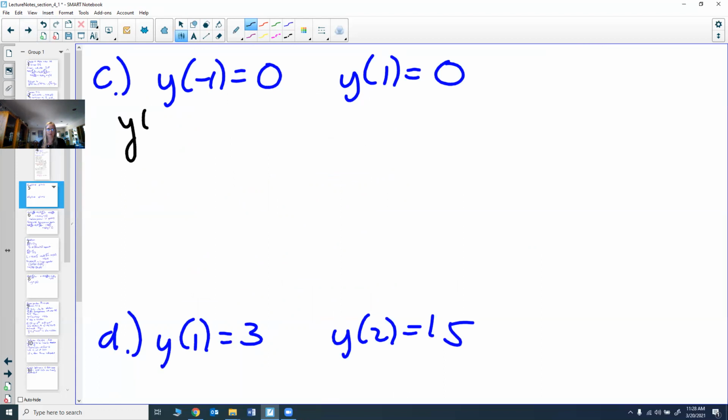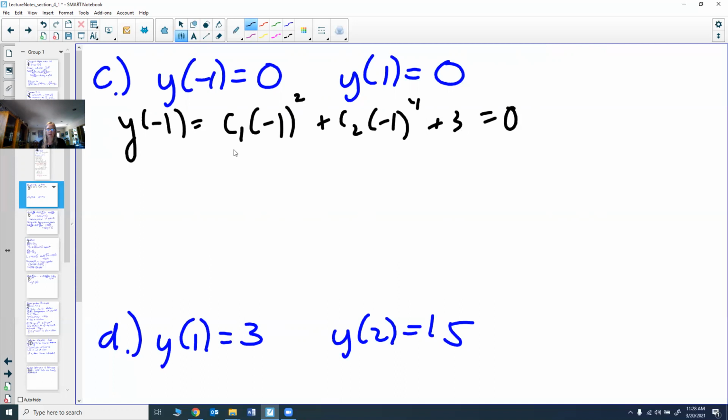So we have y of -1 is c1 times (-1) squared plus c2 times (-1) to the 4th plus 3 equals 0. And the other one is c1 times 1 squared plus c2 times 1 to the 4th plus 3 equals 0.